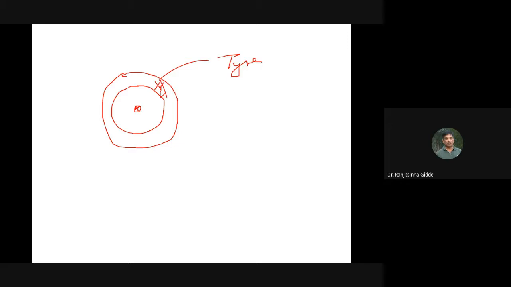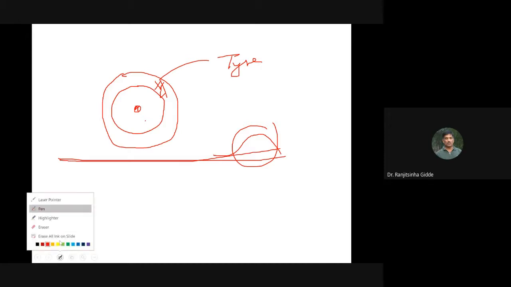Now suppose this is the wheel, moving on a straight road, and suddenly there is a bounce in the road. If the vehicle or this wheel is moving at a faster speed, then because of this obstacle the disc may get damaged like this, right?